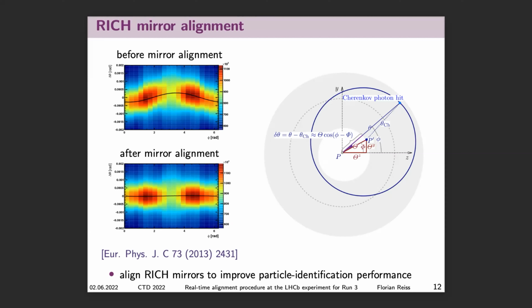What you can do is create the histograms and fit those in each slice of phi to align the RICH mirrors, and what you get in the end is this nice distribution, centered at zero for each slice of phi. And this, of course, is very important to get a good PID performance.